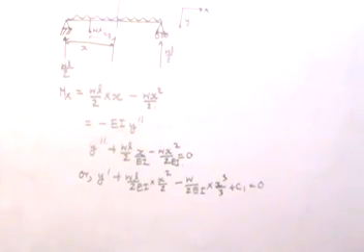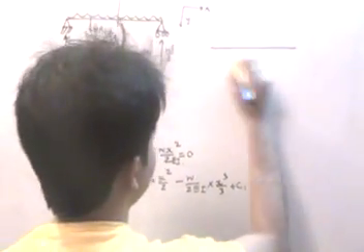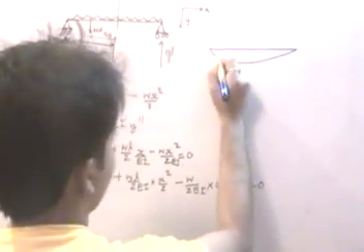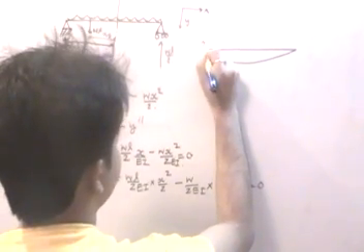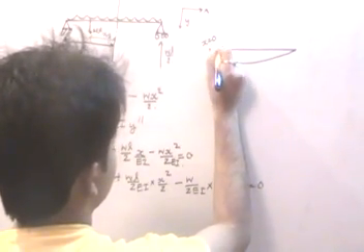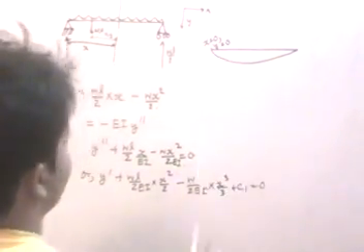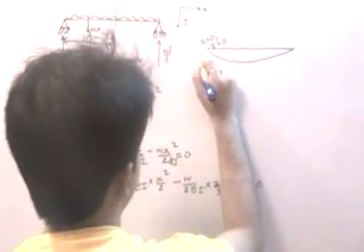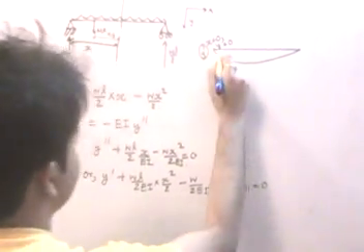Now what are the boundary conditions here? The deflected pattern will be like this, right? So obviously at this point x is equal to 0, y will be equal to 0, and there will be some slope, y dash, at this point.